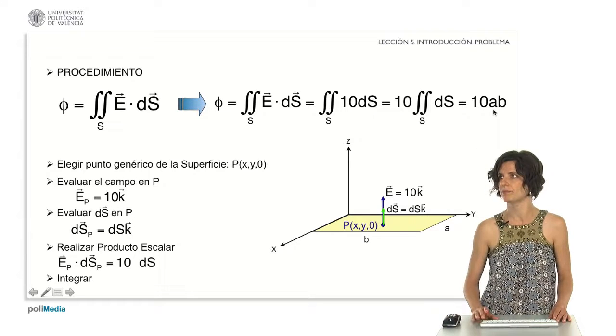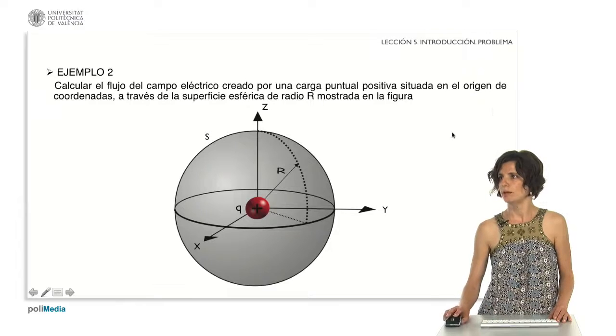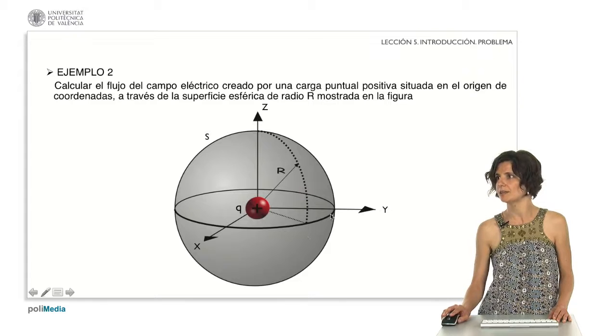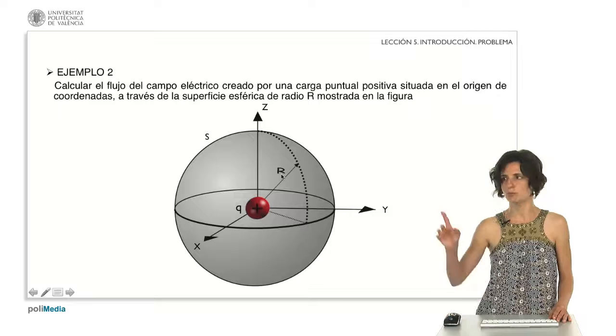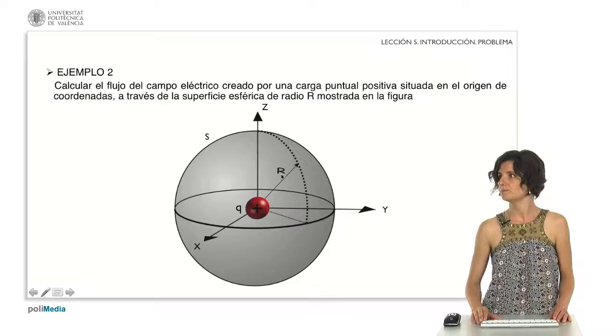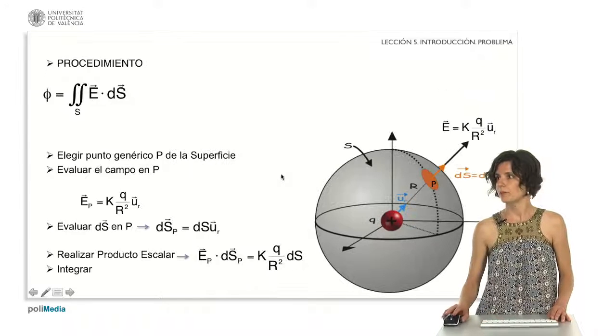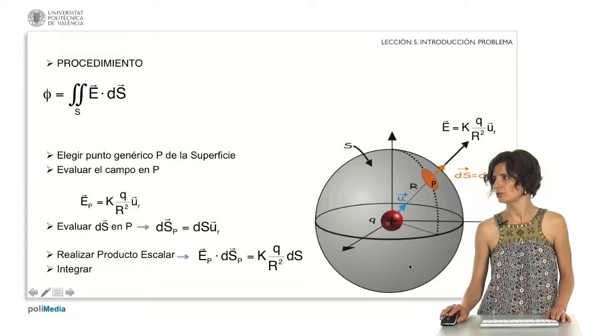Let's look at a second example, in which we are going to calculate this time the electric field flux created by a positive point charge located at the origin of coordinates, and we are going to calculate it through the spherical surface of radius capital R shown in the figure. We will follow the same steps as before.